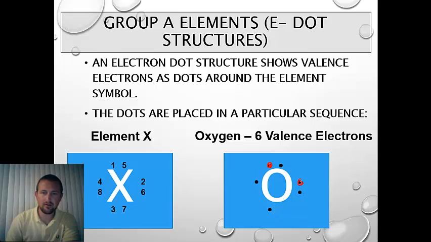Electron number 2 should go here. Electron number 3 there. Electron number 4 here. And then finally 5 and 6 there. That's the appropriate way to draw an electron dot structure. The reason why you need to follow that order is because the number of paired dots and single dots is essential once we get to the next level.